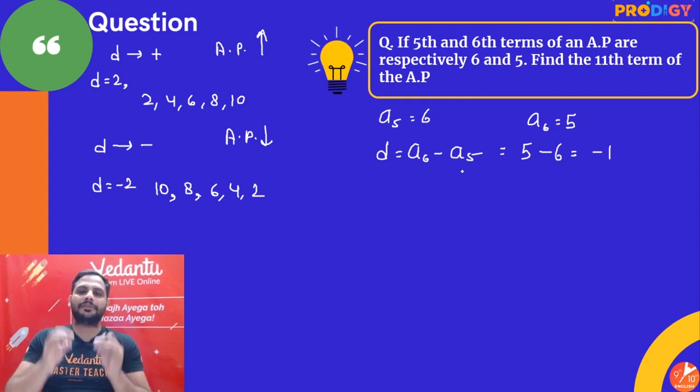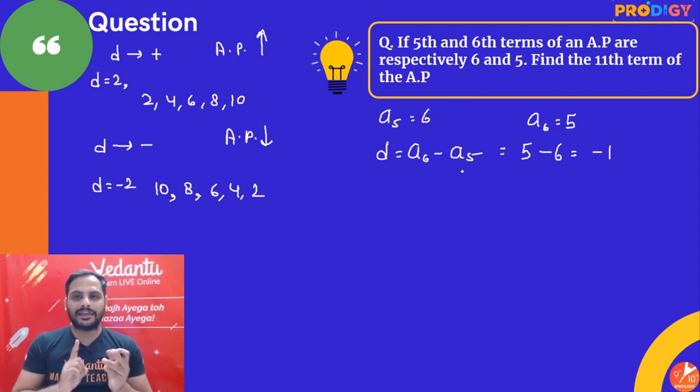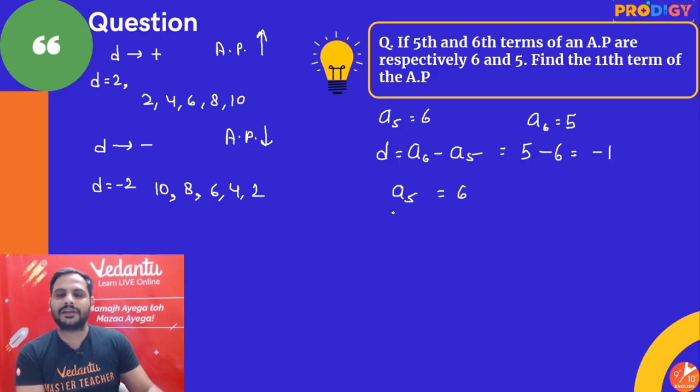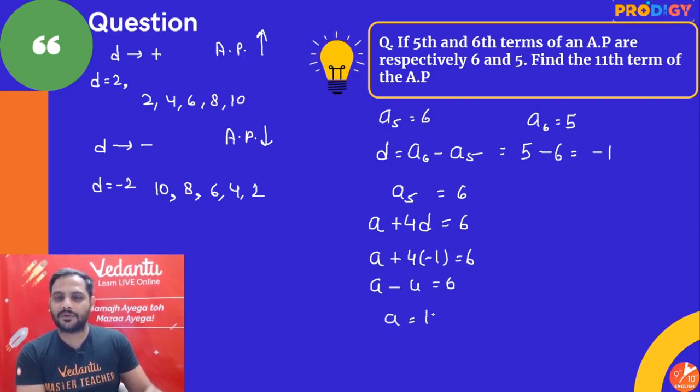A bit of a simple thing. For the 11th term, I also require the first term. You can choose either of these two. Let's say the fifth term is equal to 6. Using the general term formula, the fifth term can be written as A plus 5 minus 1, which is 4D, is equal to 6. So A plus 4 into minus 1 is equal to 6. A minus 4 is equal to 6. You can say A is equal to 10.